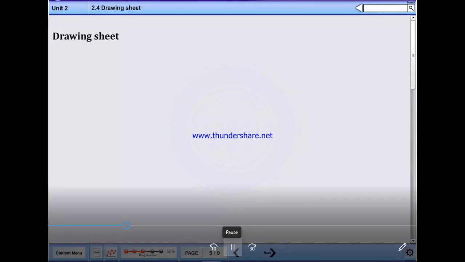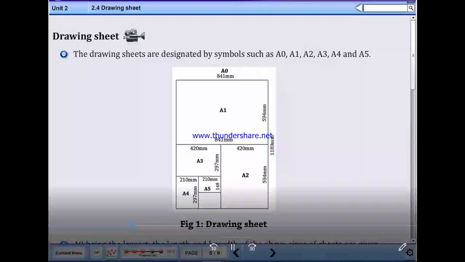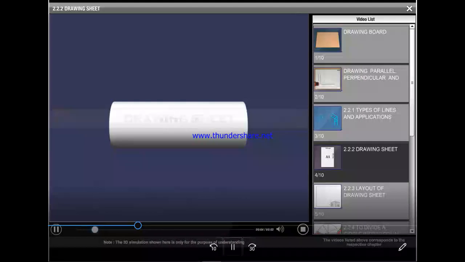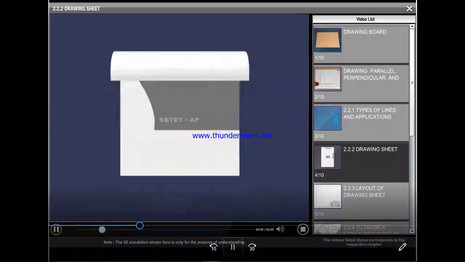Now we are going to see the drawing sheets. In this video, we will see about a drawing sheet. Drawing sheet is used to draw drawings.